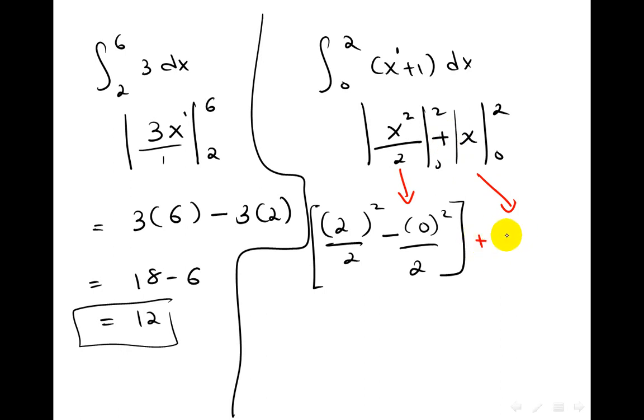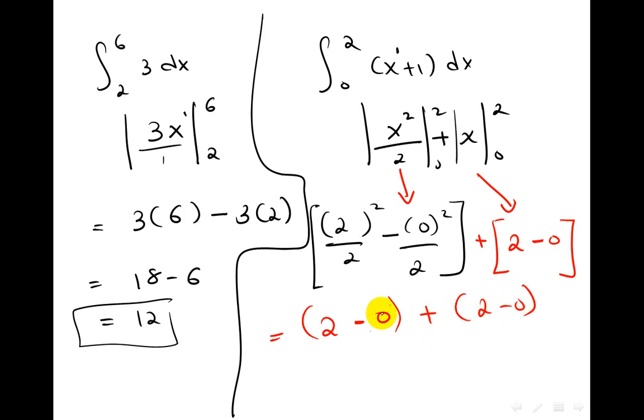It's the plus. So instead of x, you put 2 minus the smaller number, which is 0. 2 squared is 4, 4 divided by 2 gives you 2, minus 0 squared over 2, which is 0, plus 2 minus 0. The zeros have nothing to do here, so it will be 2 plus 2, which gives you 4.